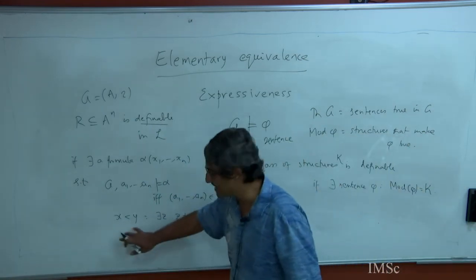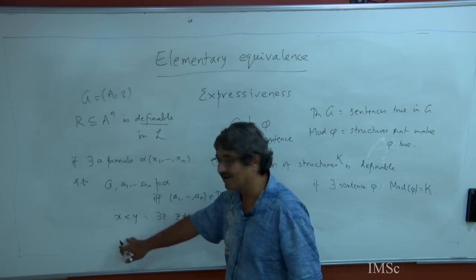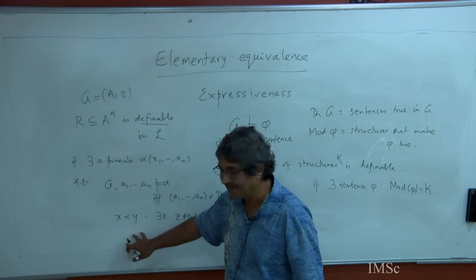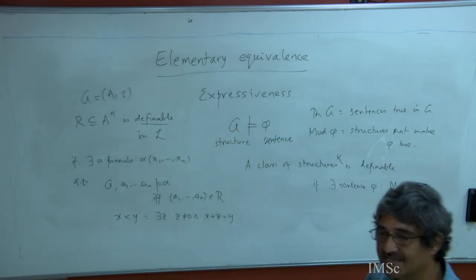And this is a binary relation, right? It's a formula with two free variables. And if you plug in all the values in the reals that make this true, that defines the order relation. So in that sense, the order relation is definable.